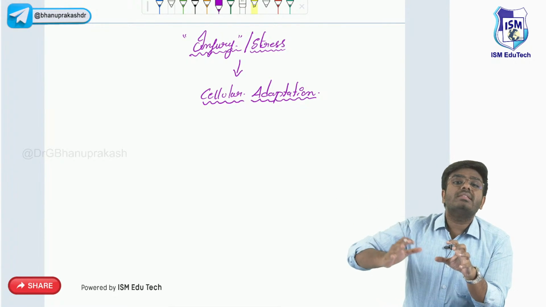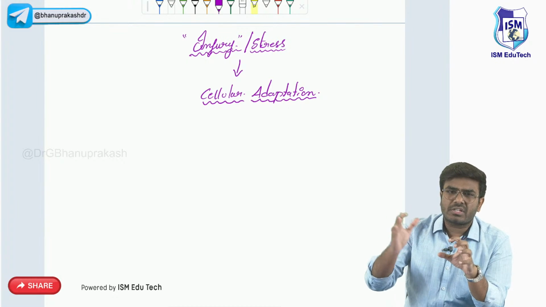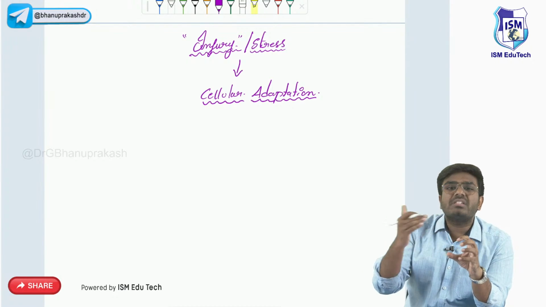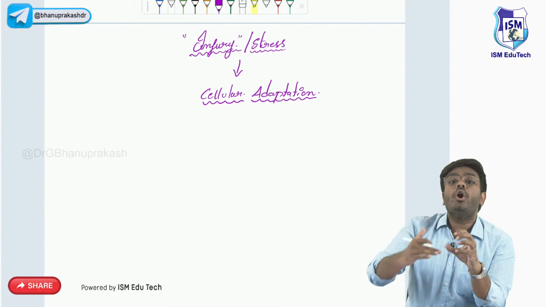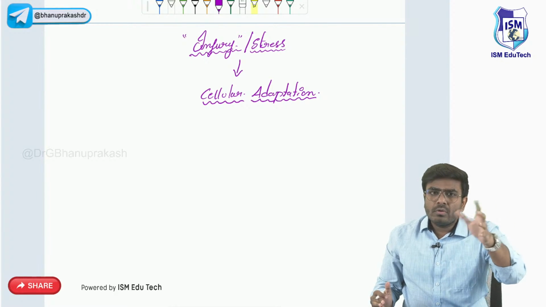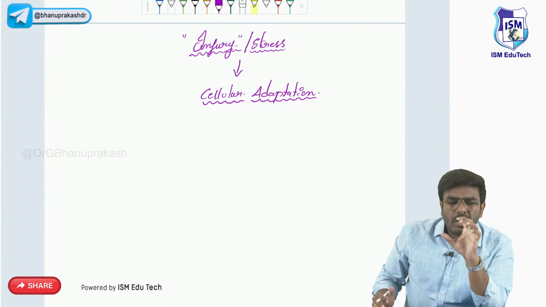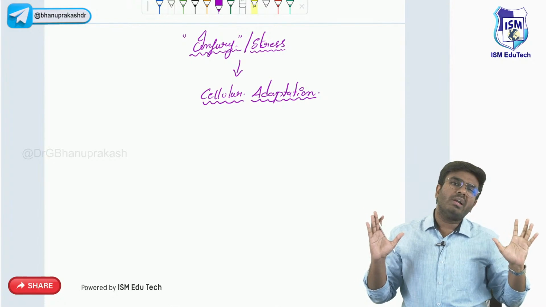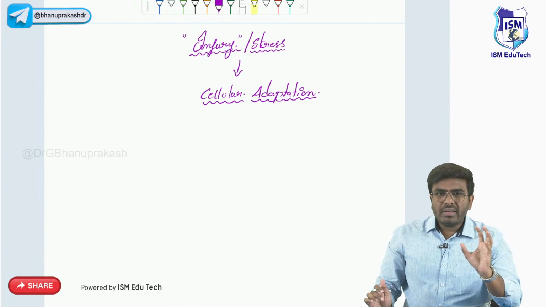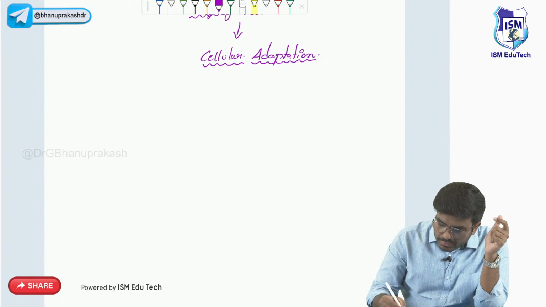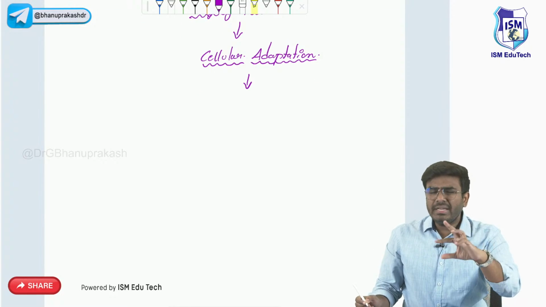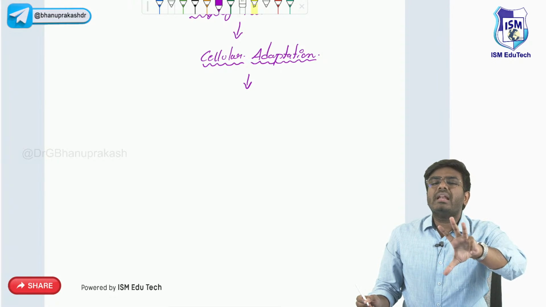Okay, so cellular adaptation will happen, but for everything there is a limit. Now if you increase the stress so much, the cell is adapted but still stress is beyond the adaptation. Now if the stress continues, what will happen? Now cell gives up. Cell will say, I can't take the stress anymore. So initially there will be little injury which is reversible in nature. Little injury is there, but you can reverse it.